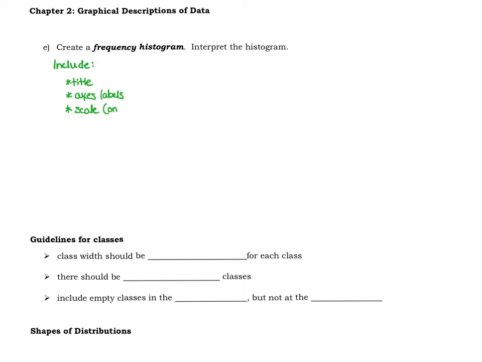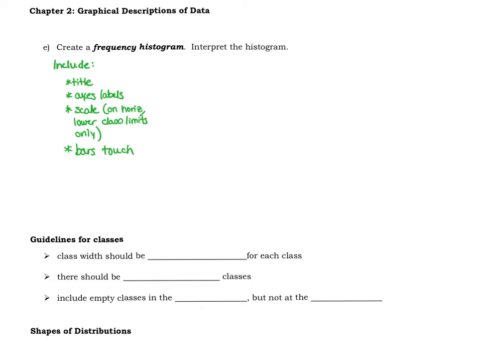And on the horizontal axis, you need the lower class limits only. You don't use the upper ones. The other thing about a histogram in general is that the bars are going to touch. I'm thinking about a bar graph. In a bar graph, the bars do not touch, but in a histogram, the bars actually do touch each other.